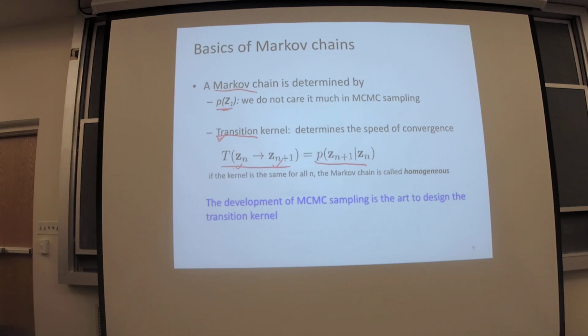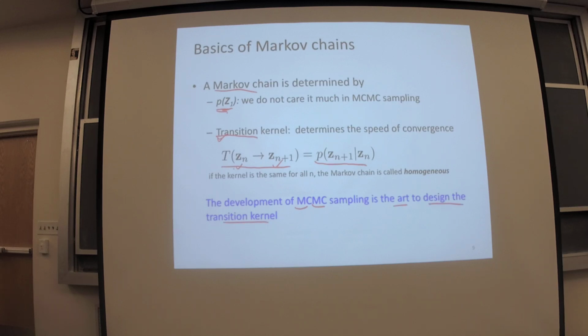Given your initial distribution of the Markov chain, and also the transition kernel that determines how you transit the states, you can identify the final states of your Markov chain and all kinds of behaviors of your chain. So the development of Markov chain Monte Carlo sampling is the art of designing the transition kernel.